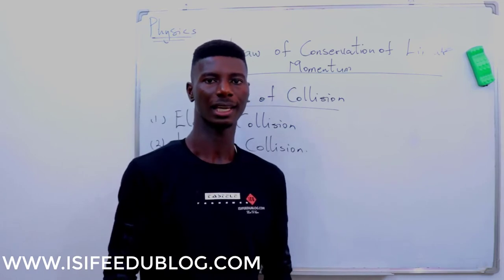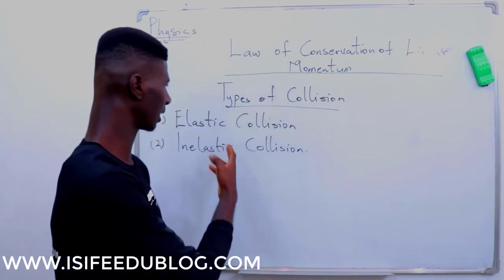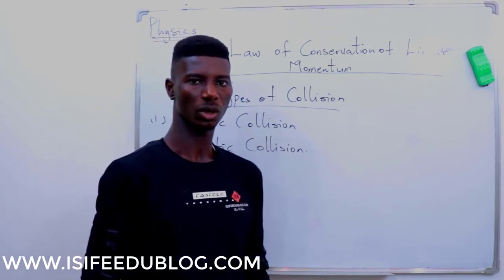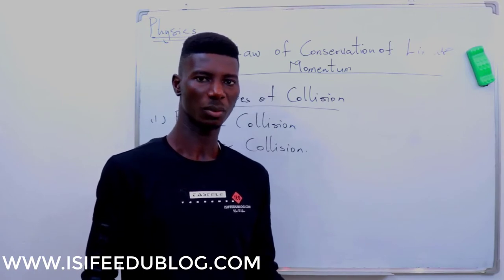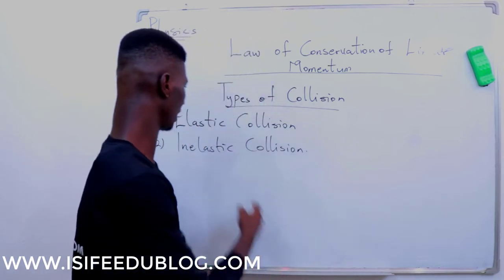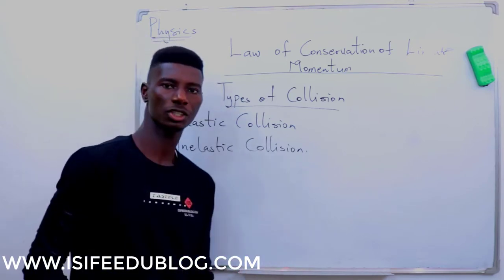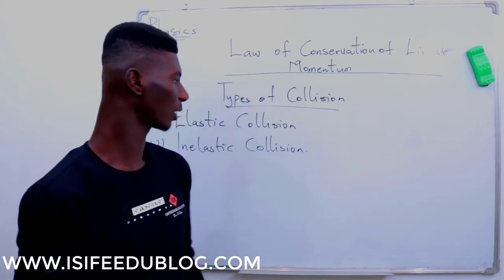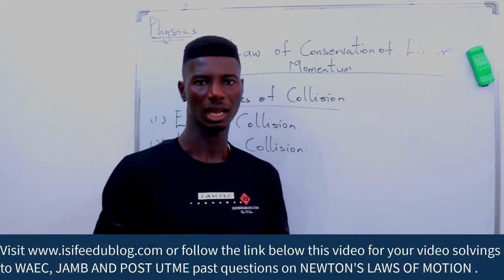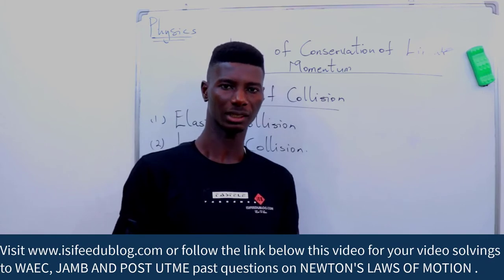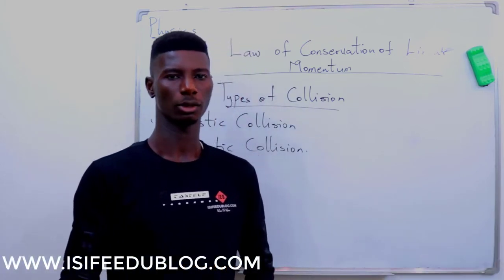For instance, gas molecules have perfect elastic collision. What happens? They join and separate. So the molecules or atoms of a gas exhibit elastic collision. But inelastic collision is that particular collision whereby two bodies, once they join, combine and move in the same direction. That's the simple meaning of elastic and inelastic collision.